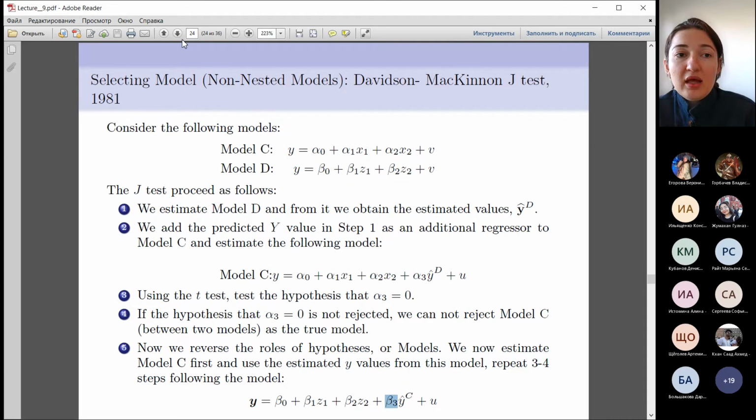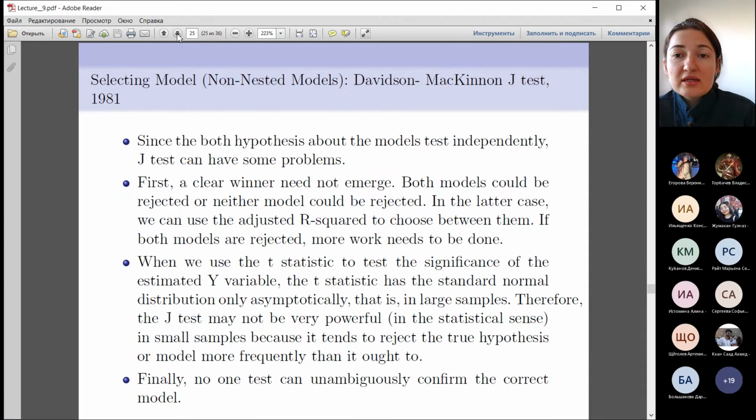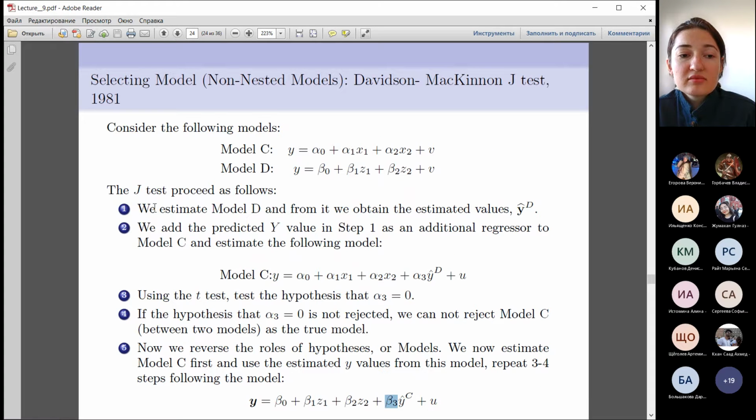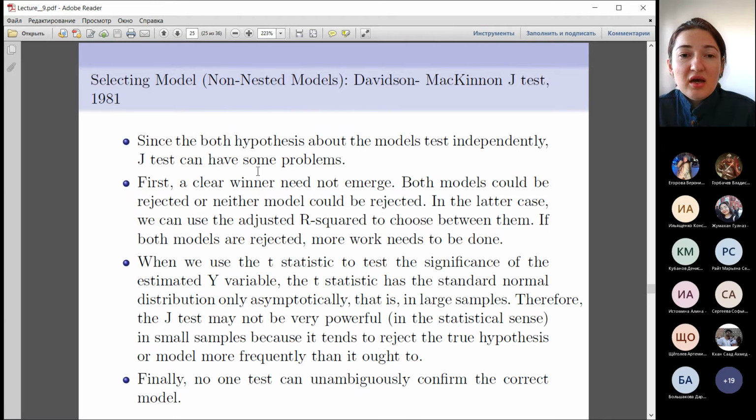Okay, but you can notice that the J-test could be a very easy and good test, but of course, if you again trace the order of these steps, you can notice here that both of the models are tested independently.